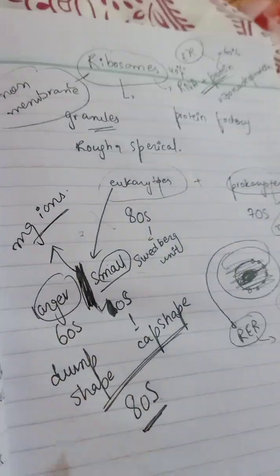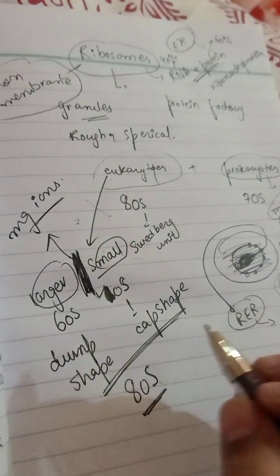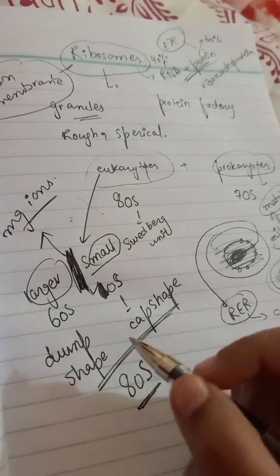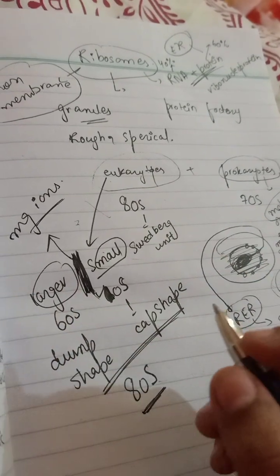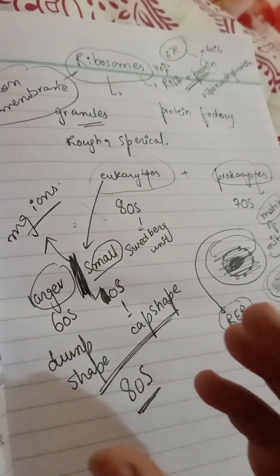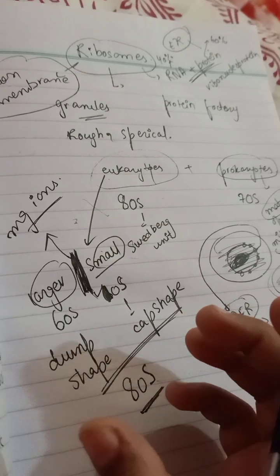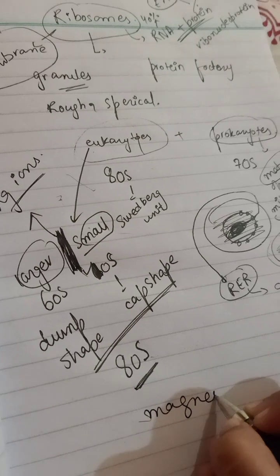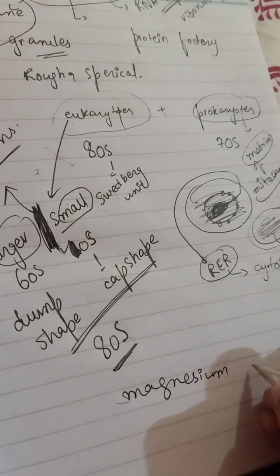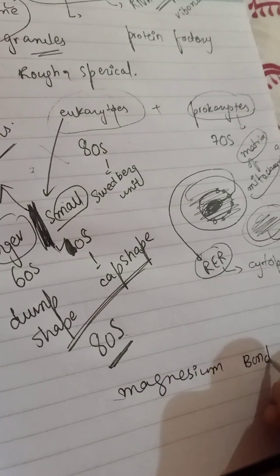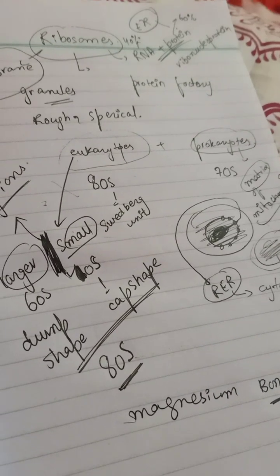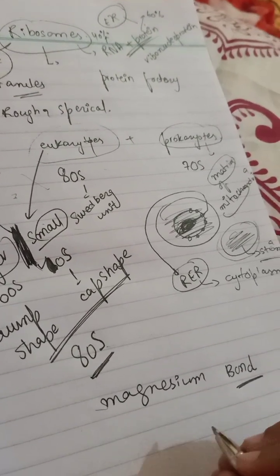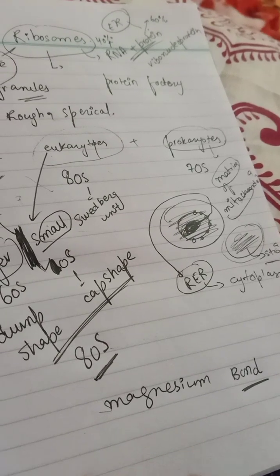From the RNA we have the phosphate group, and from the protein the amino acid. They both join and form the magnesium bond, or you can say the salt bond.